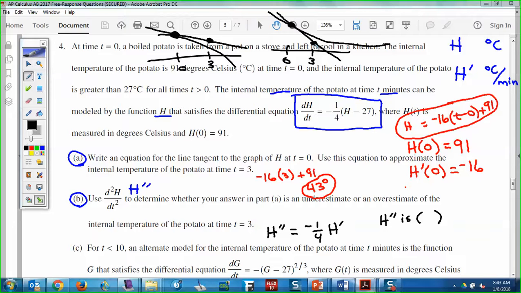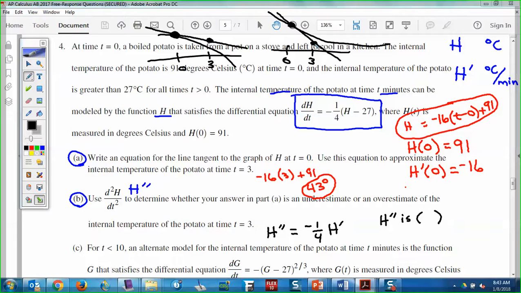And if the tangent line is like this, then our answer is an underestimate of the temperature, right? And what determines whether our answer was over or under? The concavity of the h curve, right? If it's concave down, our tangent line will be above. If it's concave up, our tangent line is going to be below. Well, what measures concavity? h double prime, right? So they were kind of leading you to it even in their question.